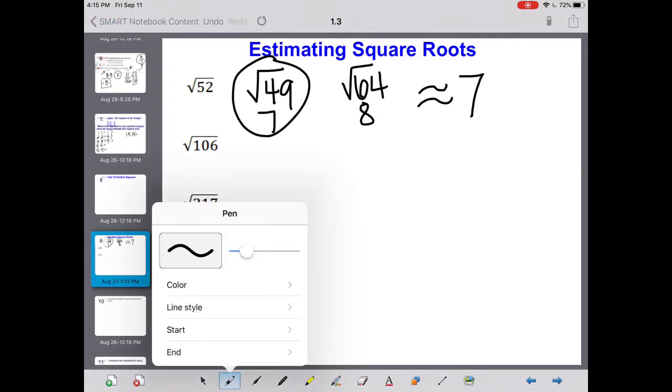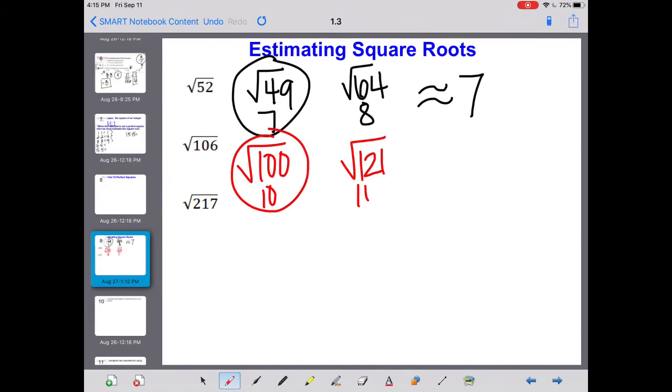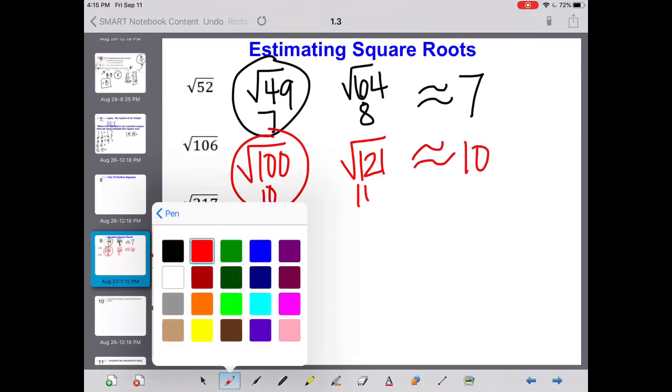For the square root of 106, looking on your chart, that falls between the square root of 100, which is 10, and the square root of 121, which is 11. Again, it's closer to this smaller one, so we would say that it's about 10.